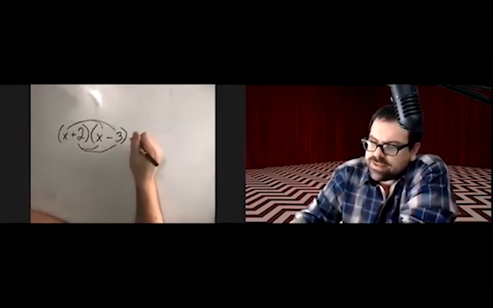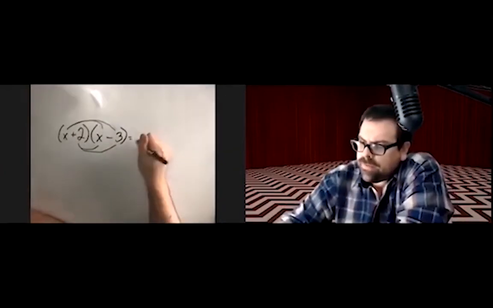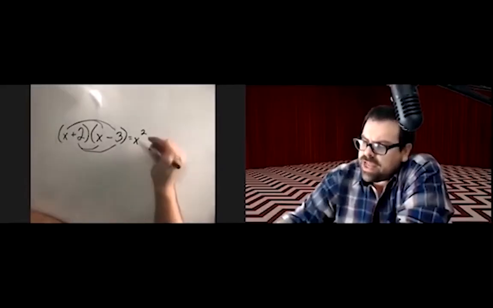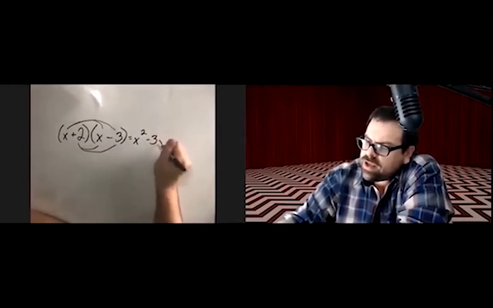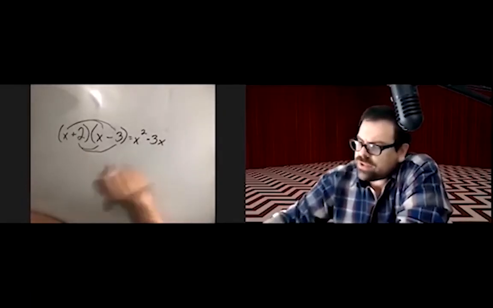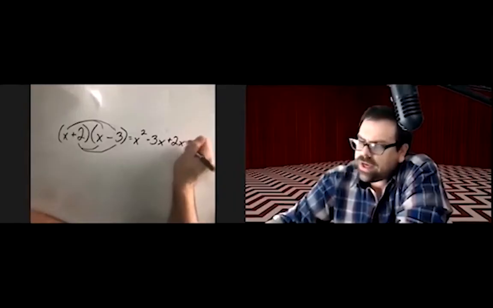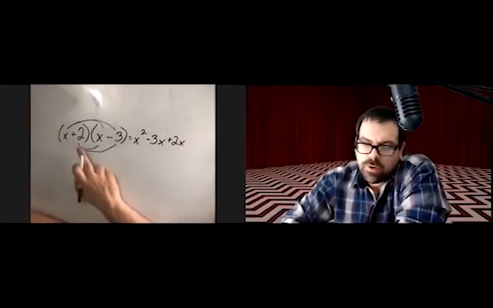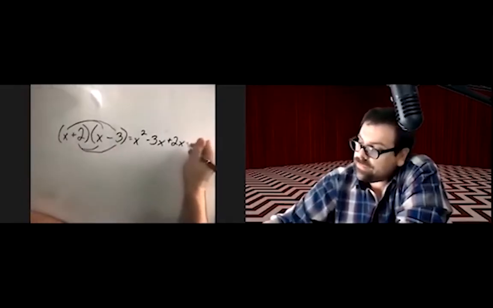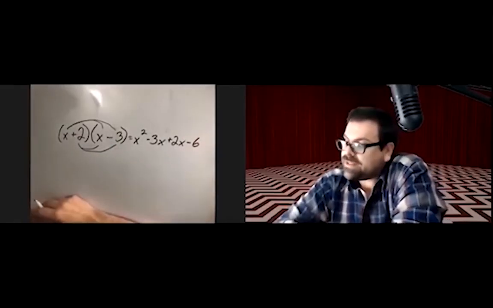X times x is x squared. X times negative 3 is negative 3x. Positive 2 times x is plus 2x. Positive 2 times negative 3 is negative 6.